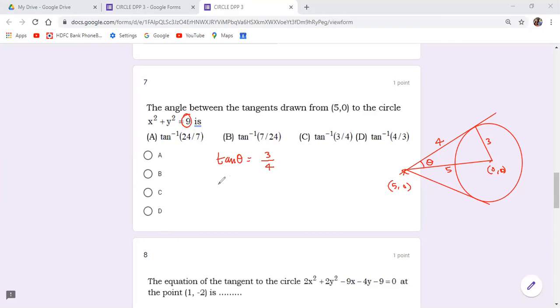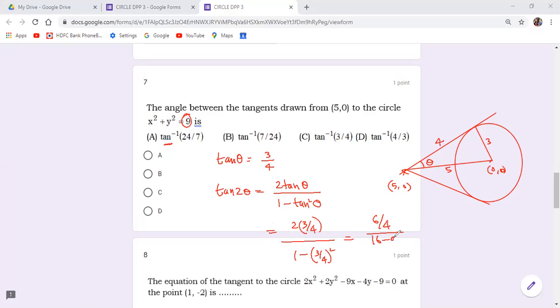Now we want to find out tan 2 theta, because your answer is in tan inverse. Tan 2 theta is 2 tan theta upon 1 minus tan square theta. So 2 into 3/4 upon 1 minus 3/4 the whole square. That is 6/4 upon 16 minus 9 over 16.